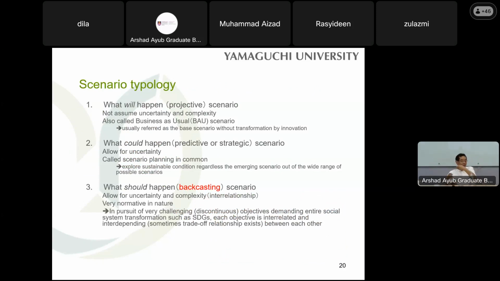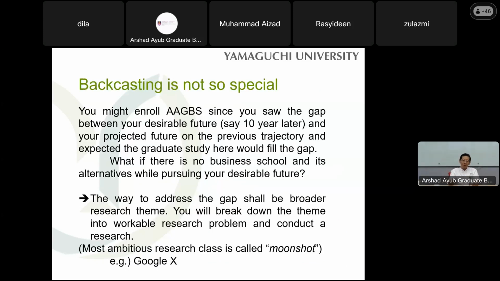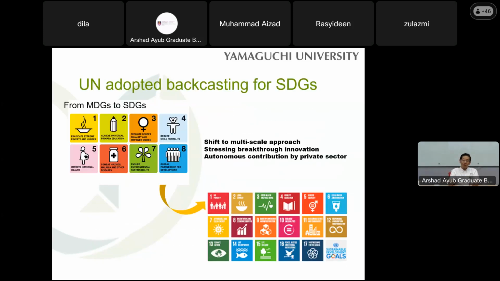So we have to be very careful about the interrelationship between each, for instance at the AAGBS level, at the Shah Alam level, or at the Malaysian level. I can easily figure out some negative interrelationships between SDG goals. Just focus on SDG 8 or 11.